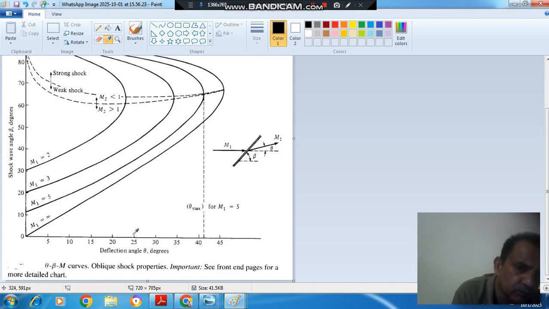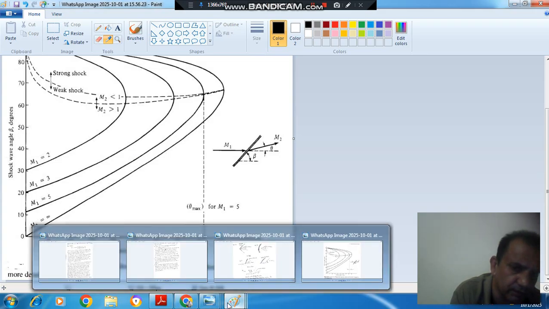So as we decrease the Mach number, the shock wave angle will increase for the weak solution. If we go like this, here M is equal to infinity, 5, 3, and then 2. For 2 there is no solution. So it means as we decrease the Mach number, the shock wave angle will increase.